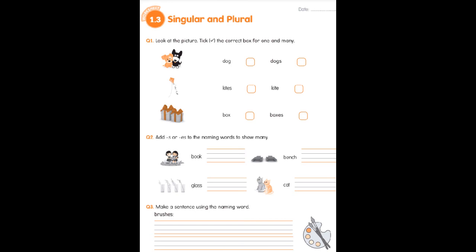Now after this worksheet 1.3, I want you all to solve practice questions 1, 2 and 3. This also you have to solve. Now for practice questions, just solve question 1. Question 2 we'll see later. This also we are going to discuss during our next online class itself.